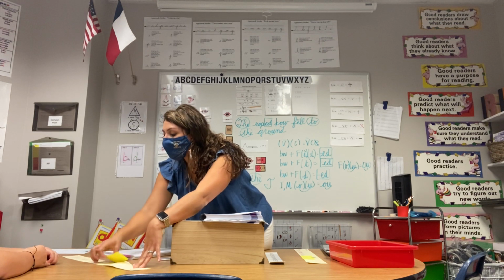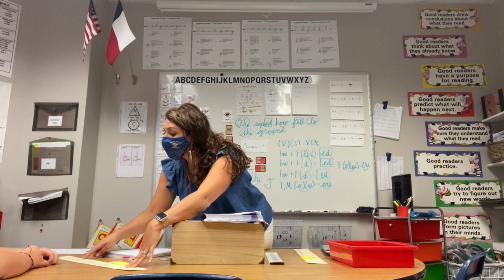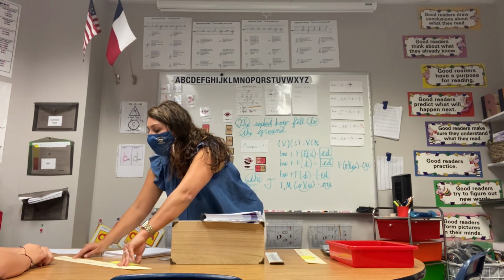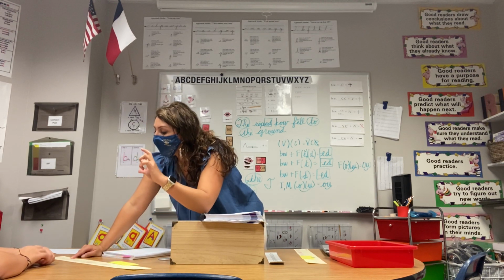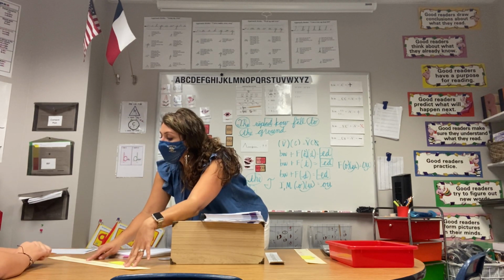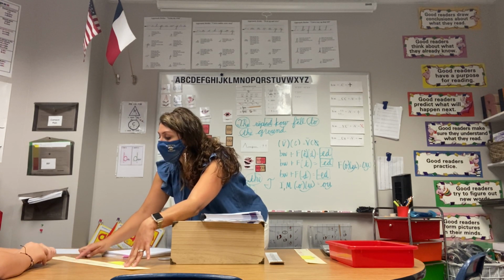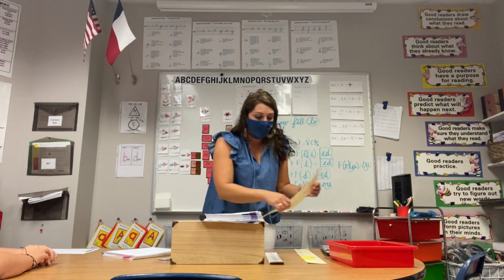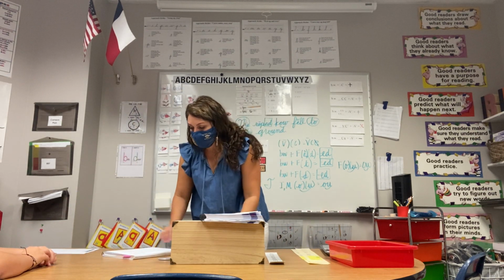So start is to finish as begin is to end. So the two dots there that look like colons, that means is to. And then these four dots mean as. So start is to finish as begin is to end. That's how we read analogies. Okay, let's look at a few more together.